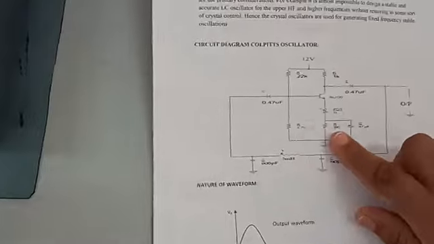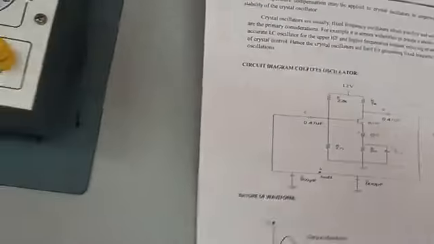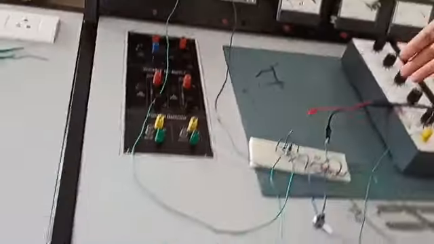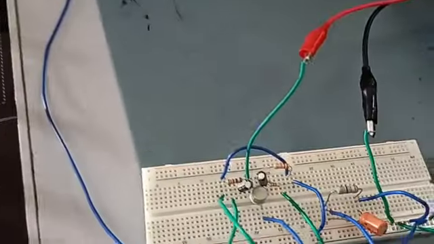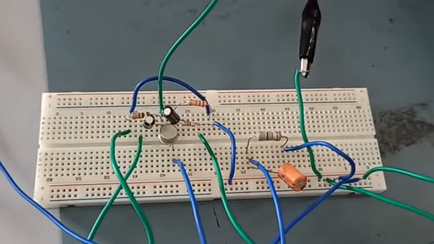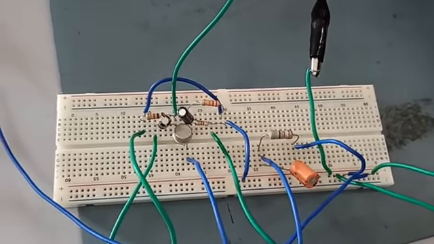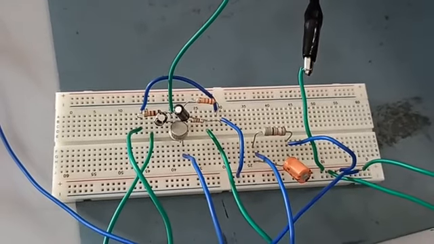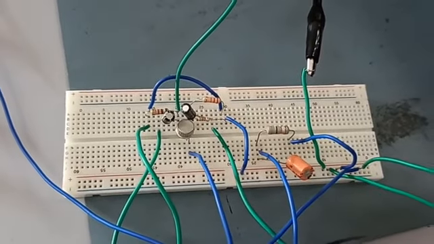As per the circuit, we have rigged up the circuit here. You can see we have connected a transistor, which has collector, emitter and base.